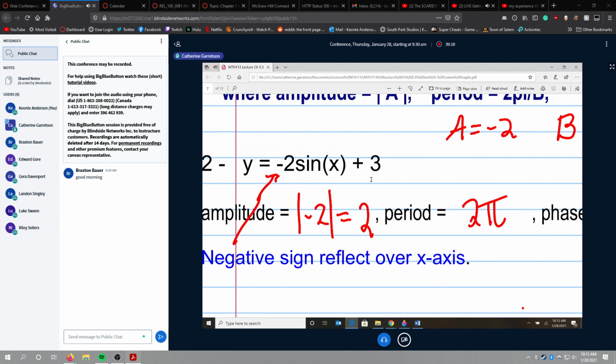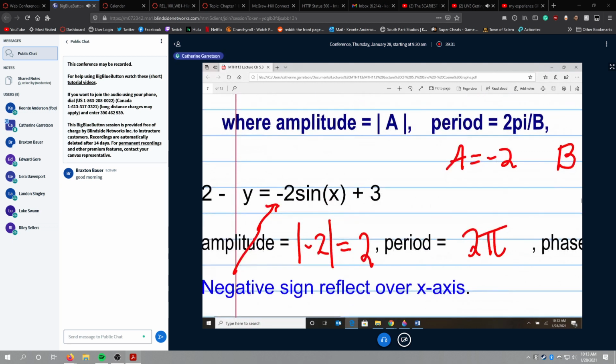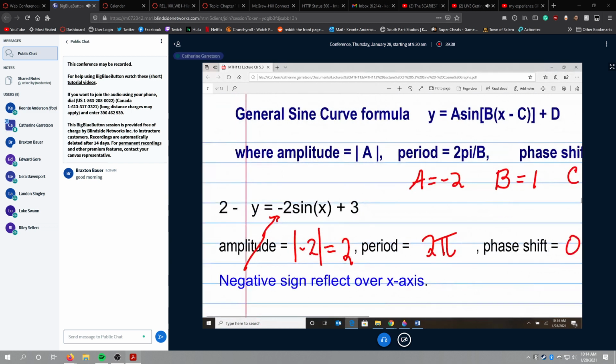But we can, without a calculator, figure out how this graph is going to change. This is why I'm saying at a lot of schools they don't let you use a calculator, because if you remember this, you can know what to do. So let's first look at the number A. In the place of the beginning part right there was the letter A. The A value here is a -2, right?